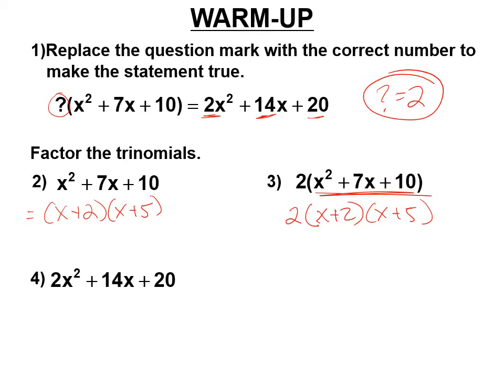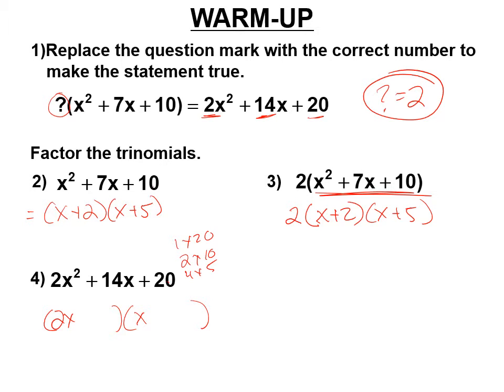Now, what about this? This is what we're going to be factoring today. Now, your first instinct, without my instructions, might be to do this, right? Well, it's a 20 here and it's a 2x. So you do 2x and x, and 20. It could be 2 times 10, or it could be 4 times 5. It could be 1 times 20.